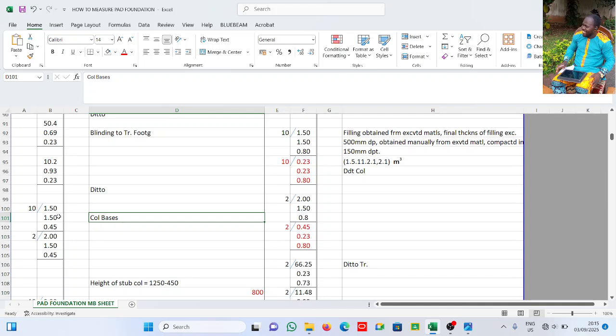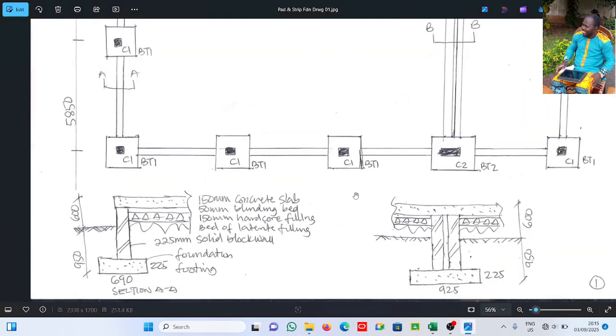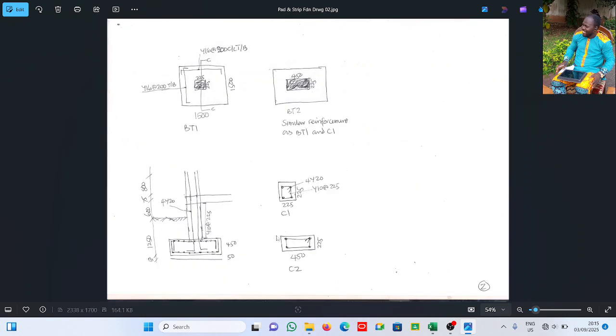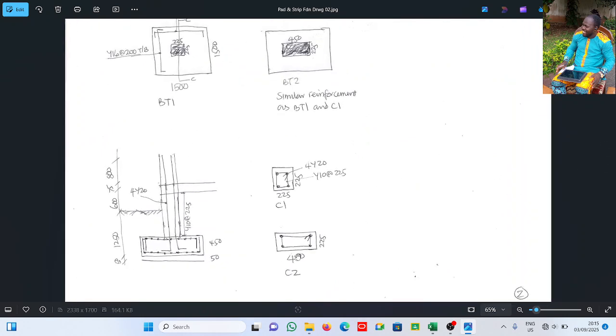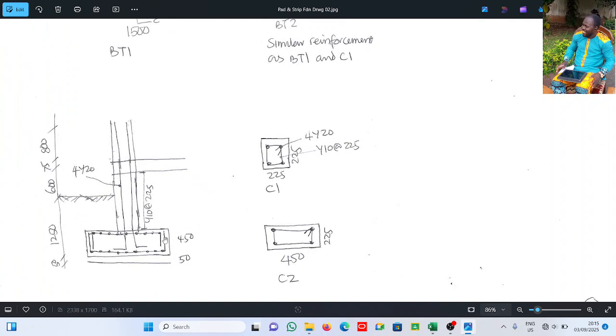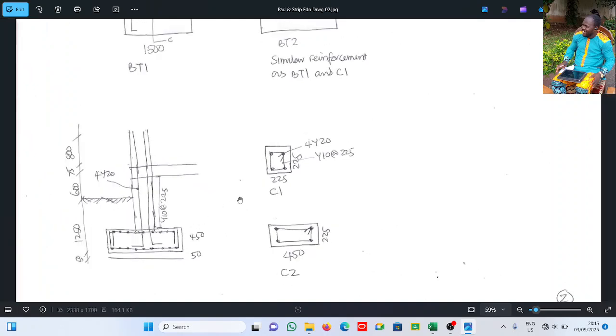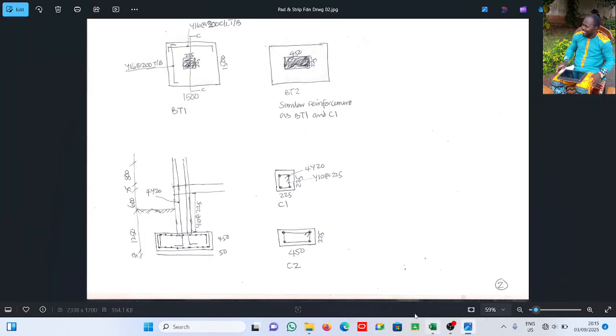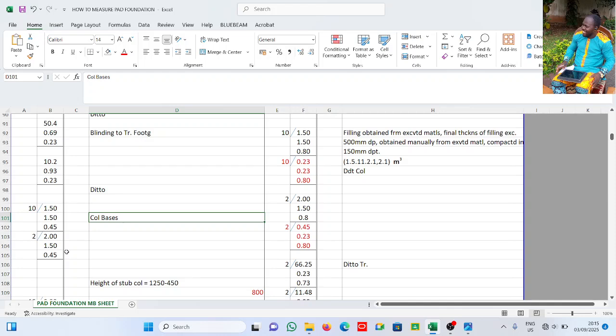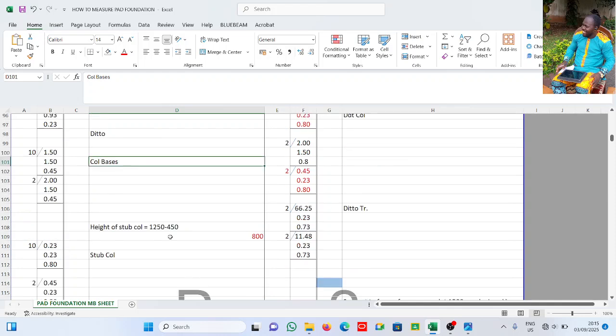All right. Now, column base also will be displacing soil at that point. I need to cut away 1.5 by 1.5 by 0.45 by 10. Yes, it is 0.45. This is it here, 450. That's the column base. The same thing goes for the stop column. I already explained that.